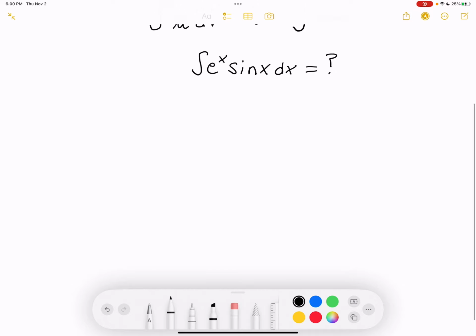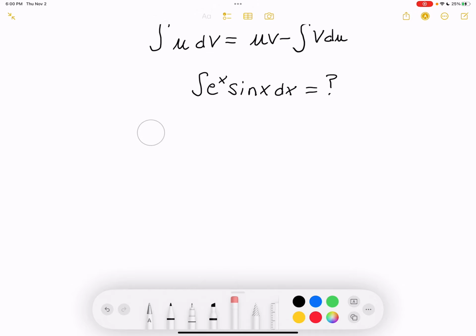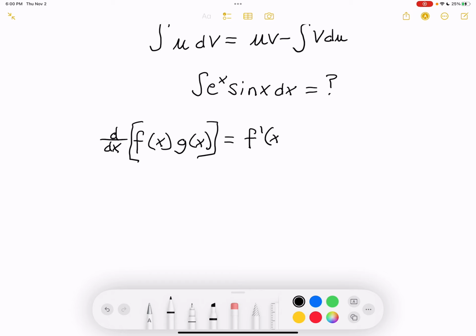So if you haven't heard of the product rule, it's the following. If I say, give me the derivative of a product, f of x times g of x, well, it's equal to the derivative of f times g of x untouched plus f of x untouched times the derivative of g of x.